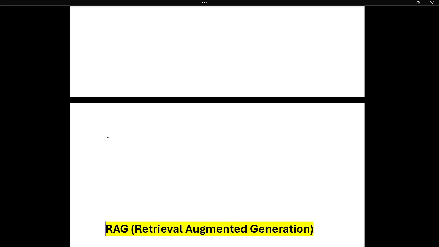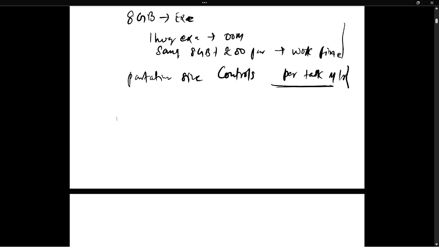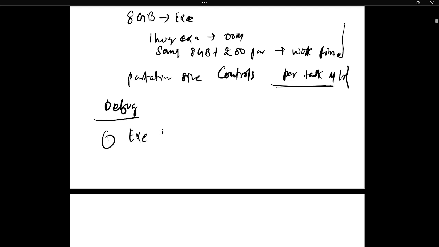Now the final thing: how to debug Spark memory. What is the debug process? First we need to see the executor tab.